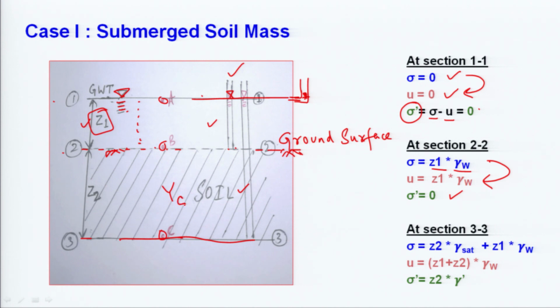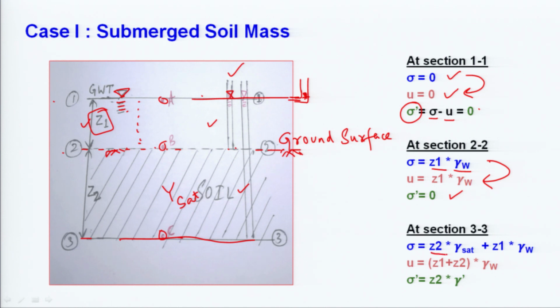This will be gamma saturated, because the soil is completely saturated, completely submerged here. When the soil is completely submerged, the voids would have been filled with water, so the unit weight will be gamma saturated.